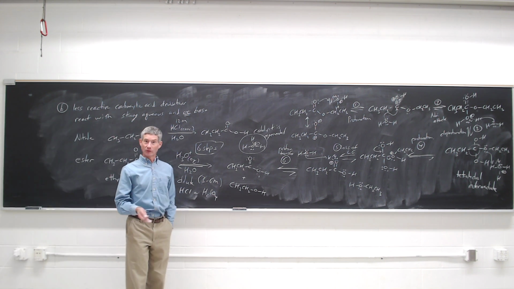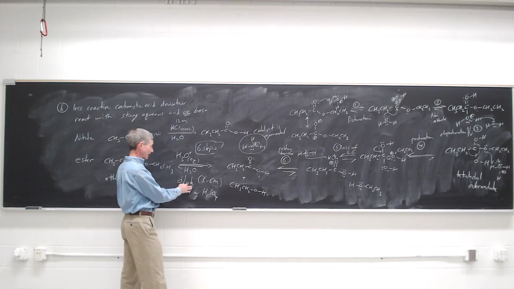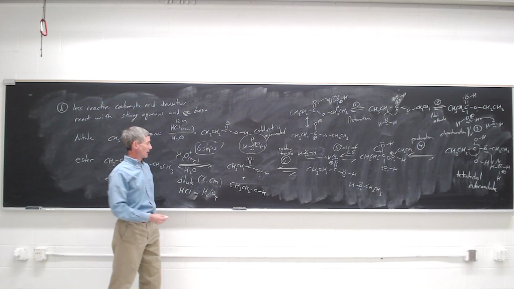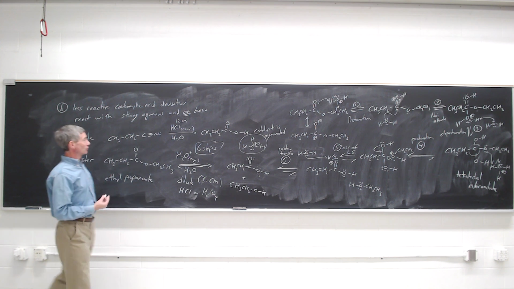To do the Fischer esterification, the forward version of this reaction, we would simply use a small amount of catalytic acid and ethanol as our solvent, and in the presence of a large excess of alcohol, we would push the equilibrium towards the ester.